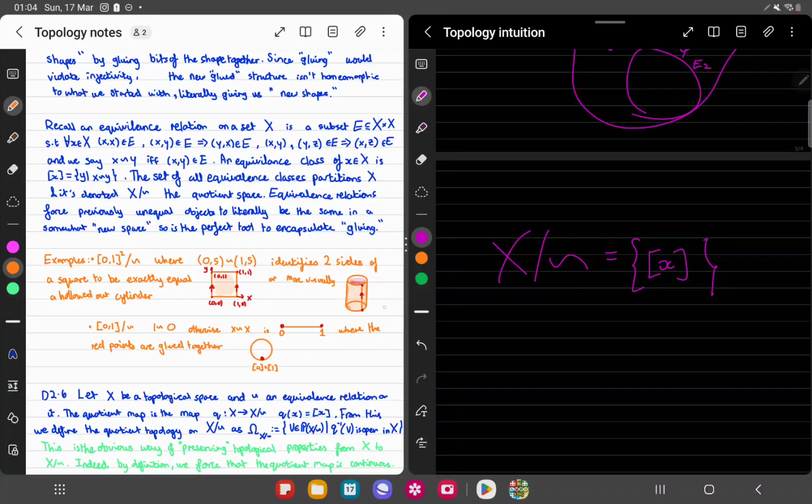Granted, I haven't stated what the topology is, but just take my word for it. Maybe you also think of the unit interval and you just equate 1 and 0 and say everything else is equivalent only to itself. Then it's like saying 1 and 0 are the same, so glue them together and everything else stays the same. If I glue them together, I get a circle.